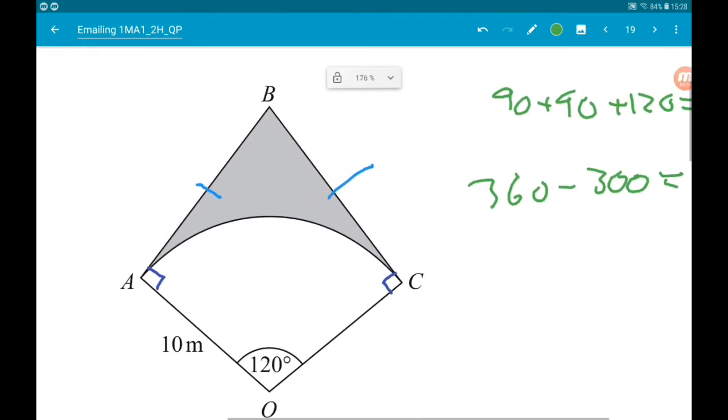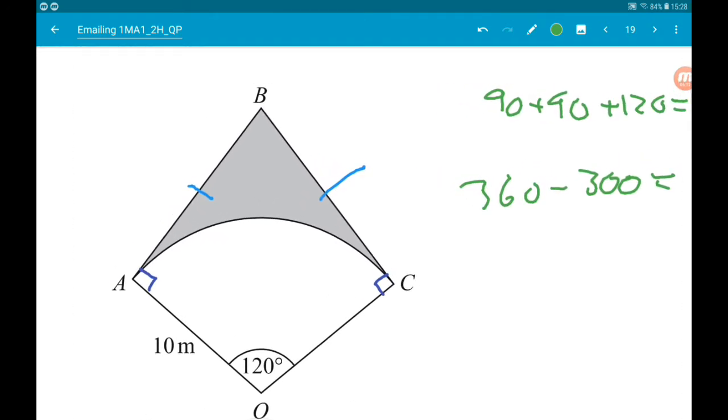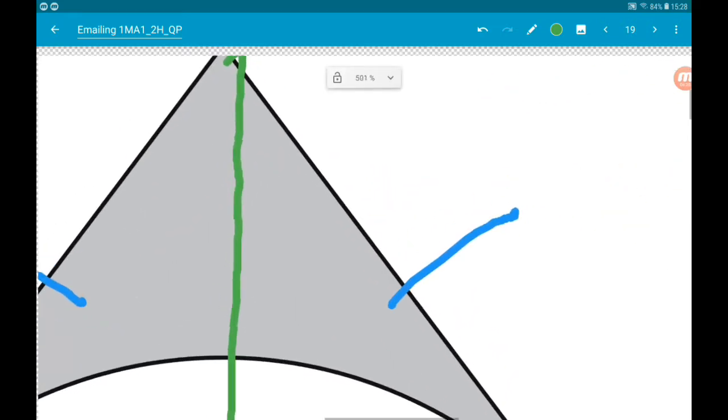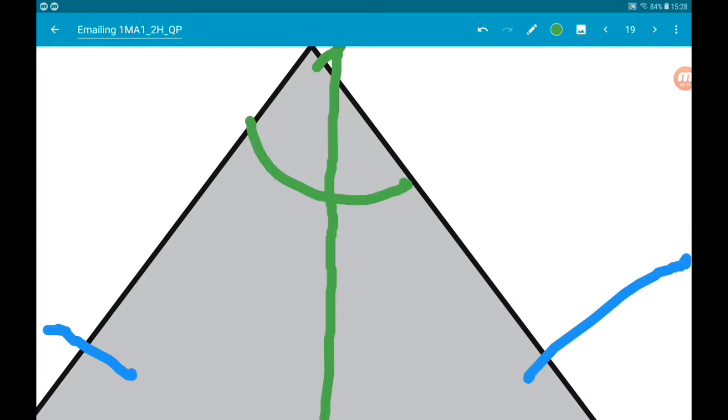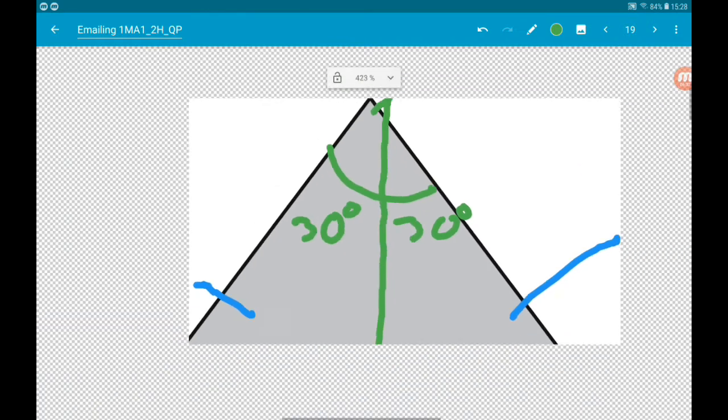So if we cut this down the middle, we know the angle altogether is 60, or one of them is 30.